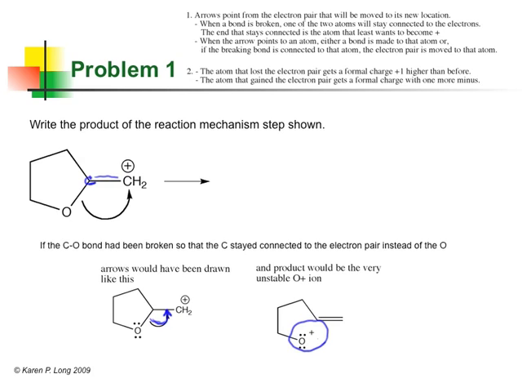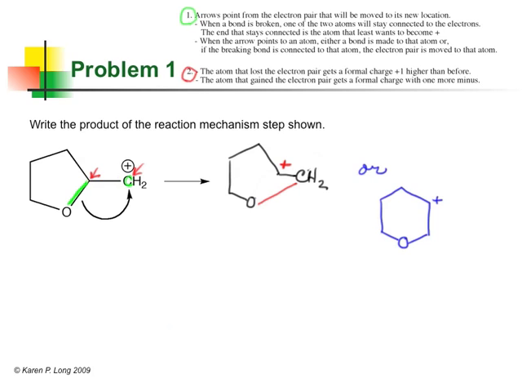And oxygen likes even less than carbon to have only 6 electrons around it. So our actual answer is going to be the one we drew. That's this.